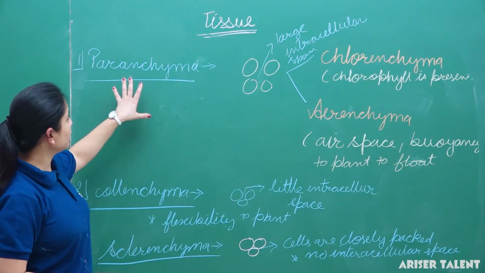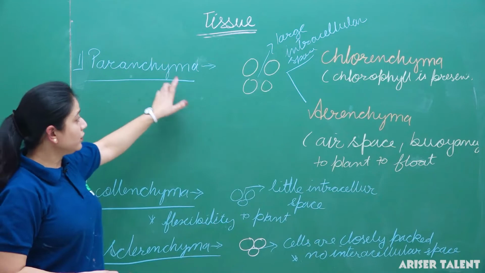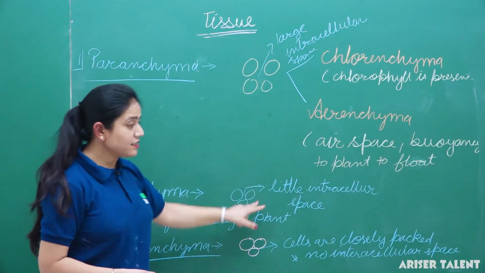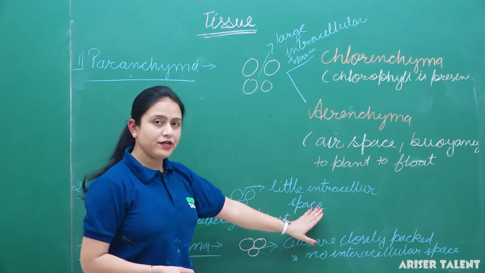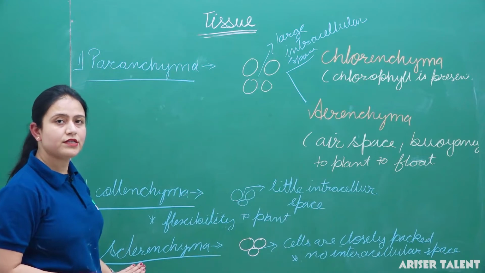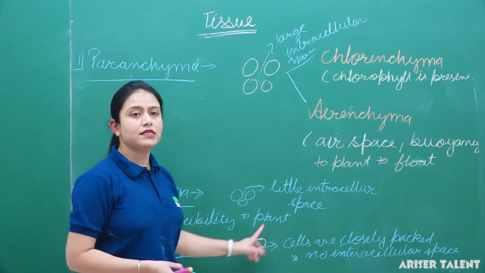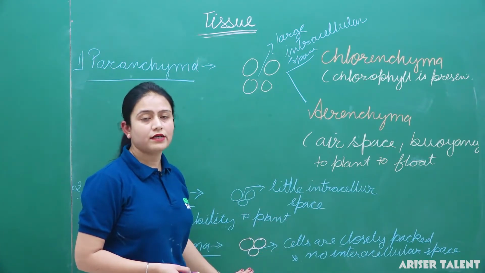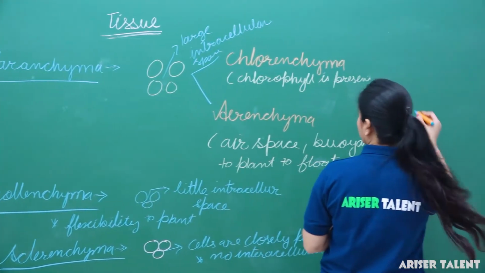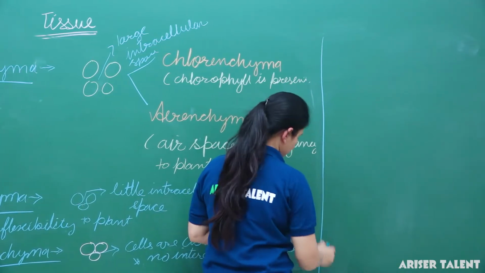If I am talking about Parenchyma, these cells are of the same kind. Same here with Collenchyma and Sclerenchyma, the tissues are made up of the same kind of cells.